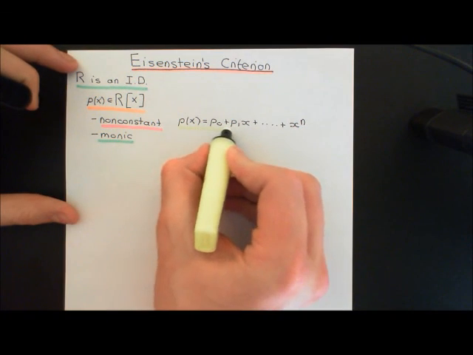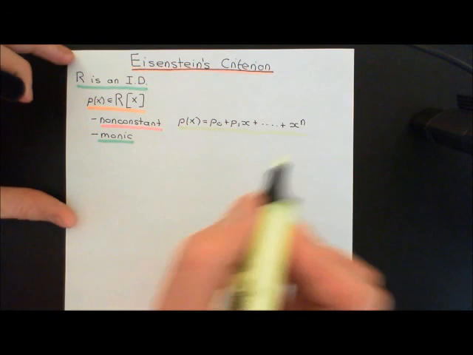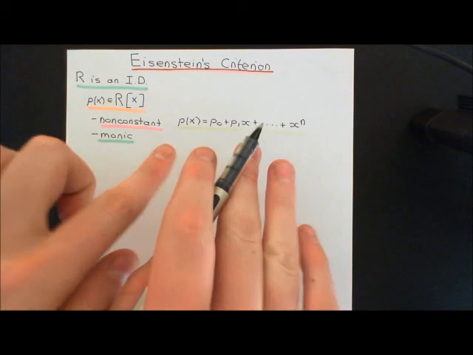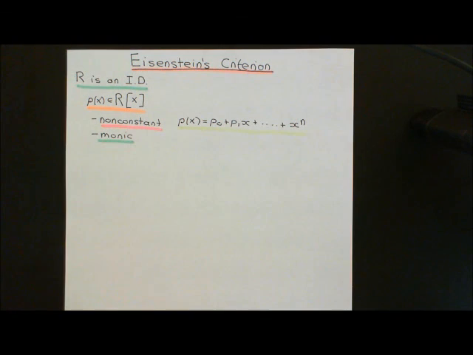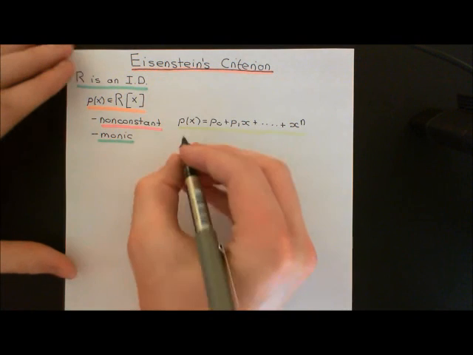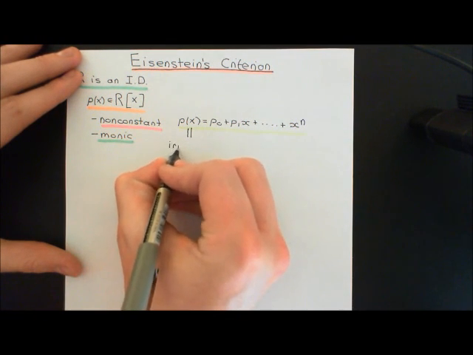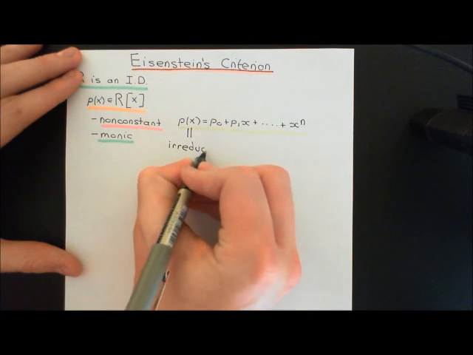So here is a non-constant monic polynomial, the sort of polynomial to which we can successfully apply Eisenstein's criterion. Take a polynomial of this form, and you can conclude, this is Eisenstein's criterion, that this polynomial is irreducible in the ring of polynomials over the integral domain.